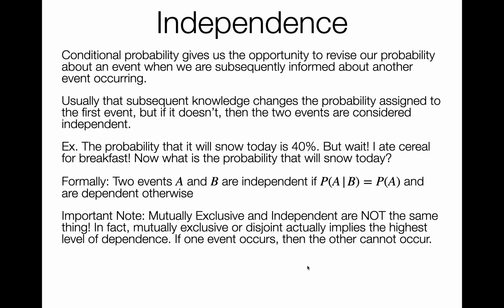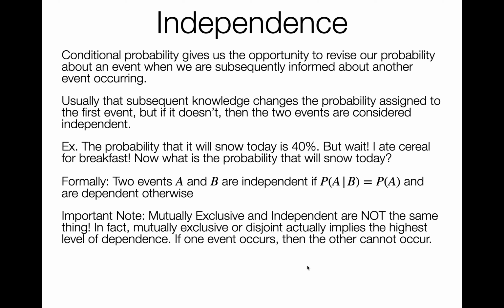Mutually exclusive, or disjoint, events actually imply a very strong level of dependence. If you think about it for a second, if I know that A and B are mutually exclusive, that means that they cannot happen at the same time. They can't happen together.